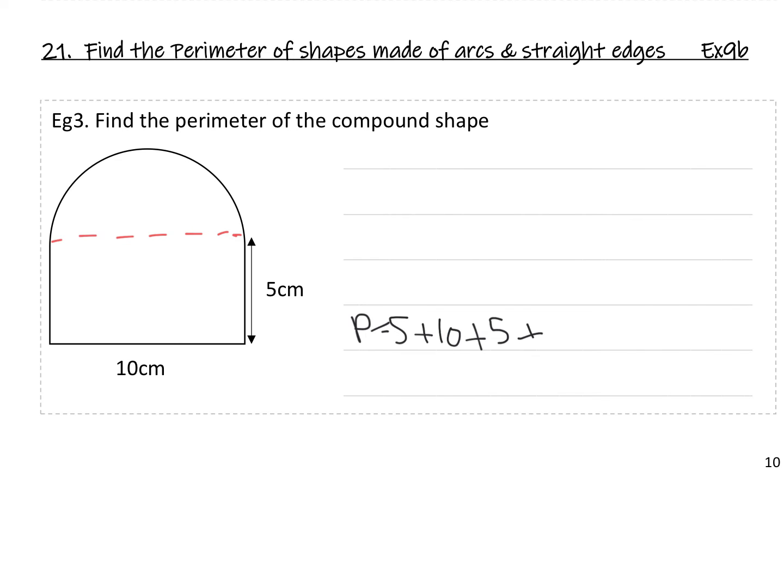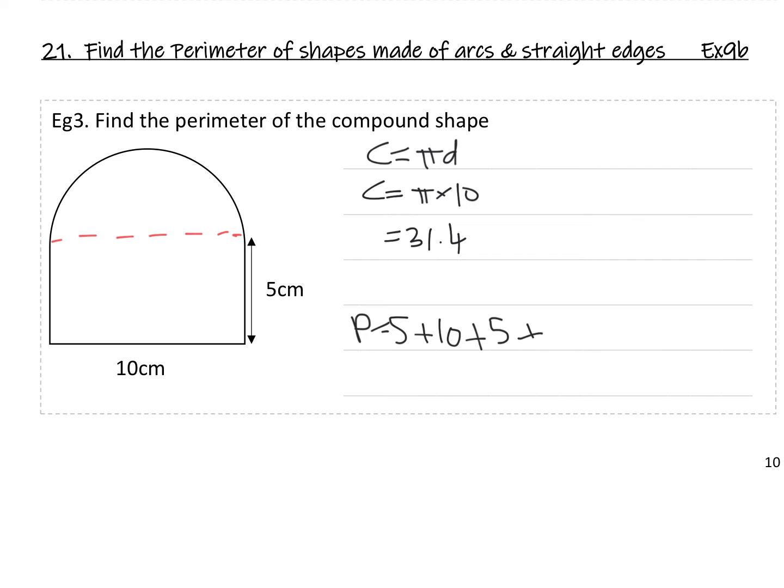Well, you can hopefully spot that that's half of a full circle, half of the circumference. So if I work out the circumference, C equals pi d, C equals pi times, in this case the diameter is 10, I would get 31.4.